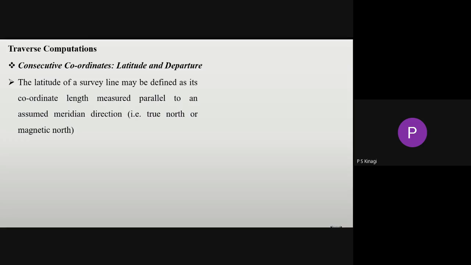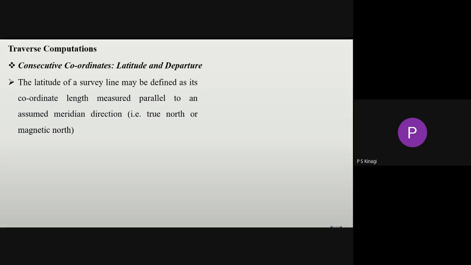Latitude is the coordinate length of a line parallel to the given meridian, whether magnetic meridian or true meridian.